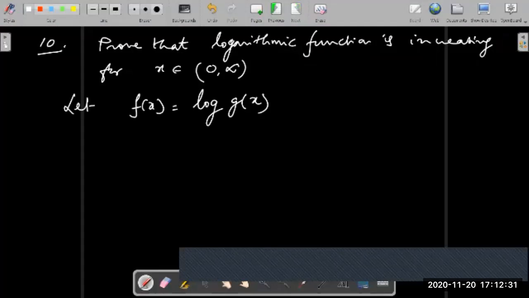This can be anything. We just say g of x is greater than 0. That is the only condition we are considering, because if it is less than or equal to 0, it is not defined.